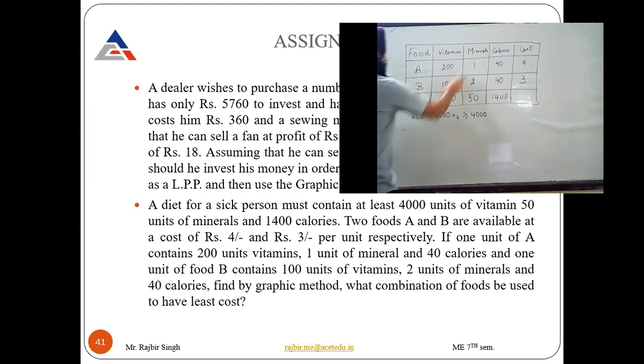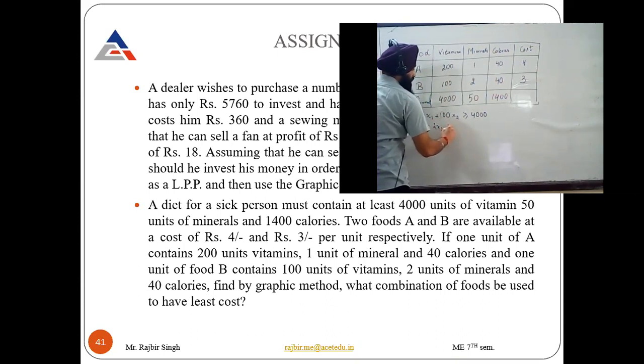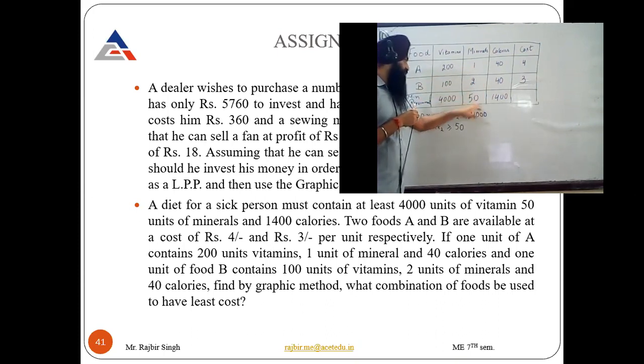Similarly, the requirement of minerals is 1 into x1, that is x1 plus 2 into x2, and this must be greater than or equal to 50.